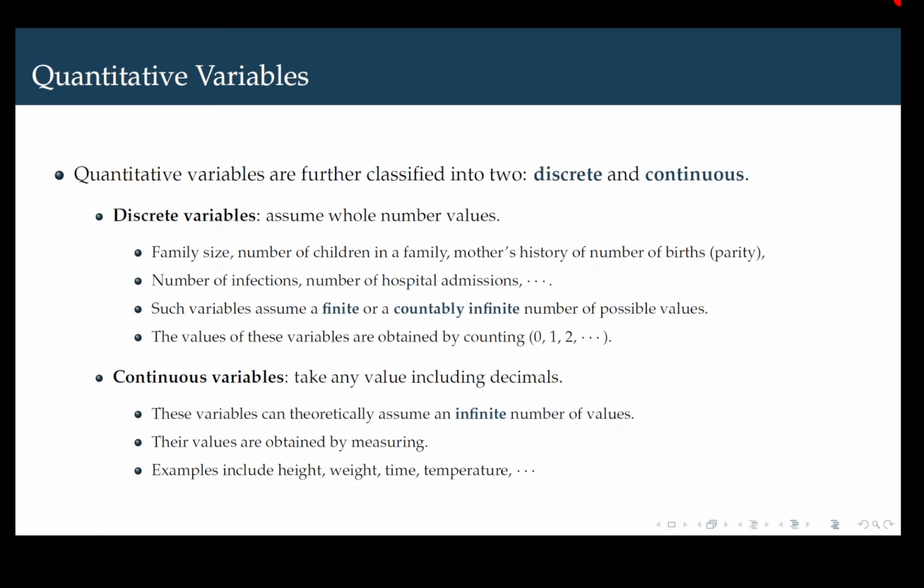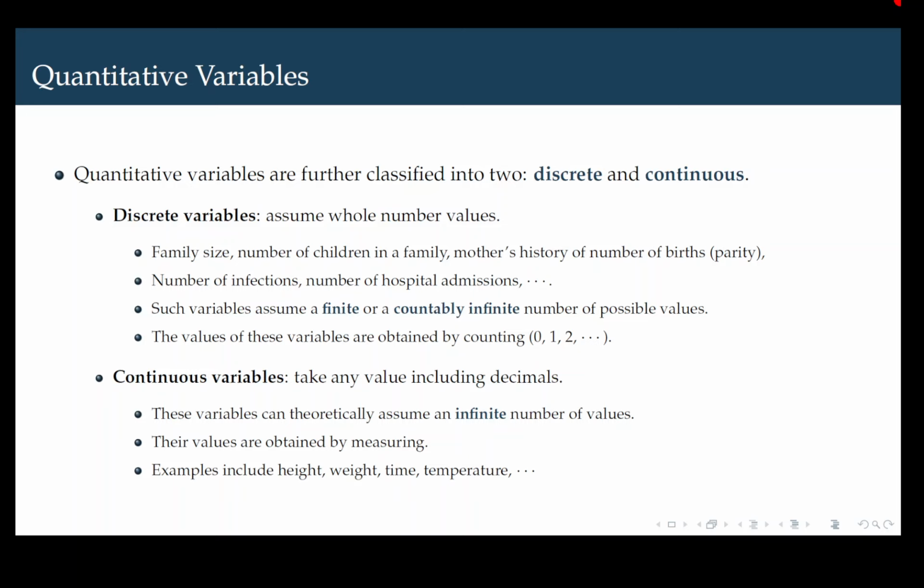And the second classification of the quantitative variables is continuous variables. These continuous variables are quantitative variables again, but they take any value, including decimals. Theoretically, they can assume an infinite number of values, and these values are uncountable.